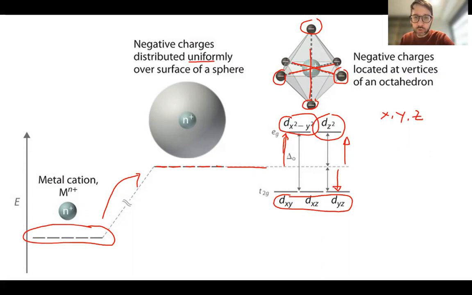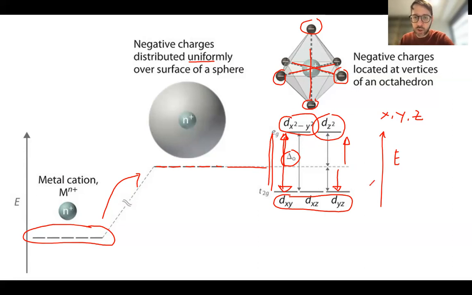And this will generate, therefore, for the octahedral complex, this kind of splitting of the d orbitals, in which here we have energy, and the difference between the energy of these two levels is called crystal field splitting or ligand field splitting. And so we have two sets of d orbitals in this scenario.